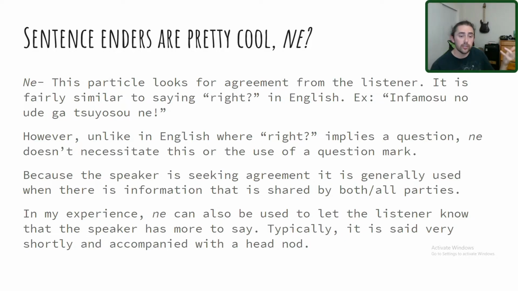This sushi is delicious. Now, also, what I've noticed in my experience is that lots of times this is just a colloquial thing, not really something that you find in a lot of grammar books. But as just a habit, I noticed that a lot of people would use it as a way to let the listener know that they have more to say.